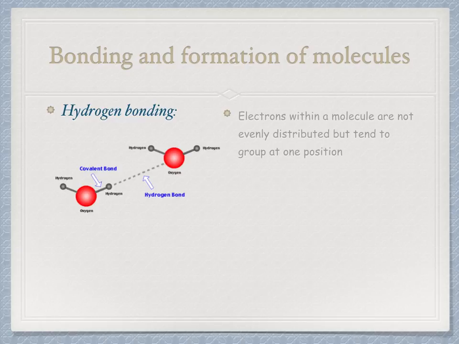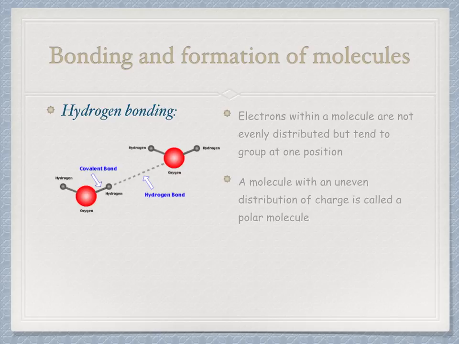This means that a molecule of water has a slightly negative charge on the oxygen and slightly positive charges on the hydrogen. So if one water molecule comes in contact with another water molecule, the hydrogen, which has a slightly positive charge, will be attracted to the oxygen, which has a slightly negative charge. And this attraction is called hydrogen bonding.